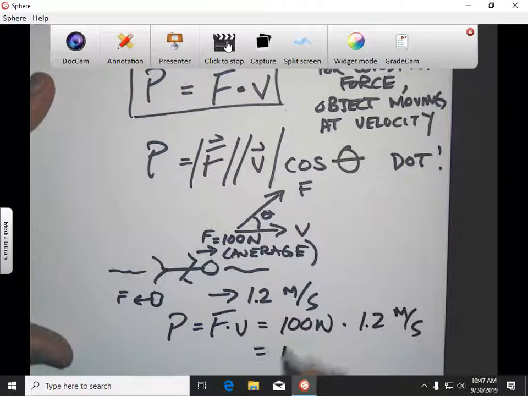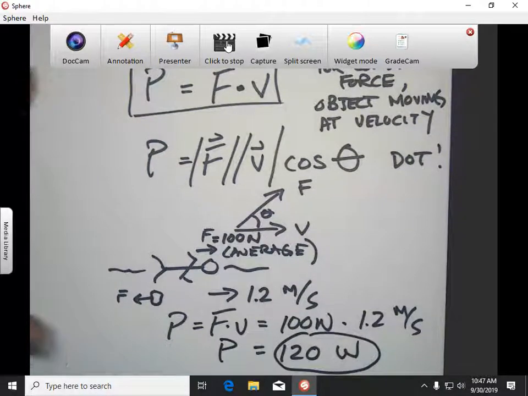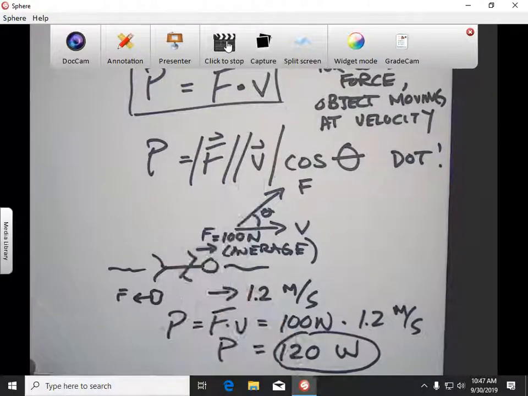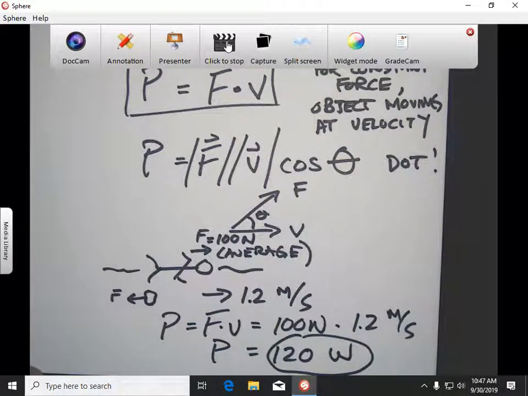And of course, that's 120 watts. And that would be the power that I'm basically putting into pushing the water backwards as I'm swimming. Okay? So that's the idea with power. It's just a different way of calculating it. But in many problems, you're going to have this situation where you know force and velocity, and it's just really fast to get to the power that way.